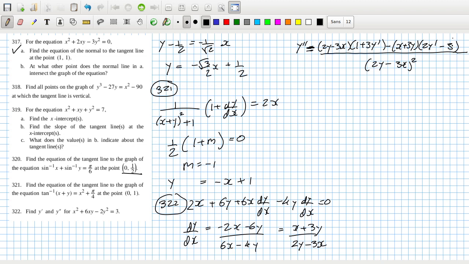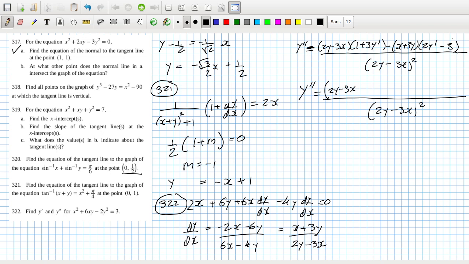Do I need to sub in? I could sub in y dash and get an answer that only depends on x and y. So that would be 2y minus 3x squared, 2y minus 3x.